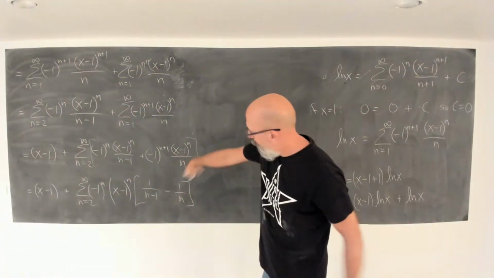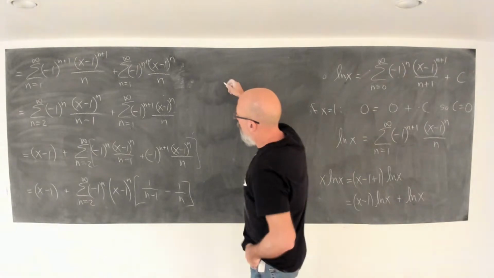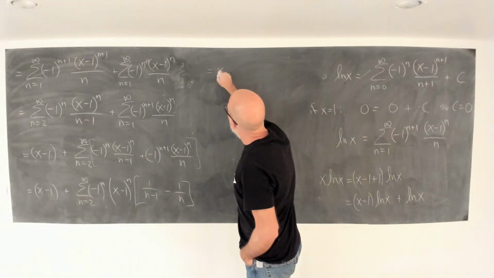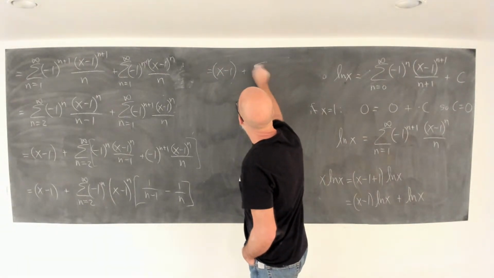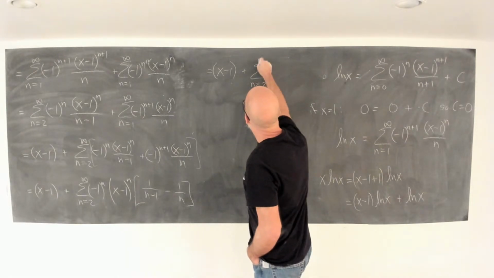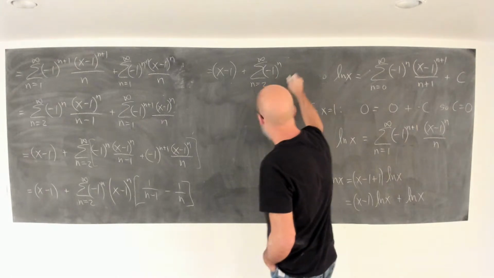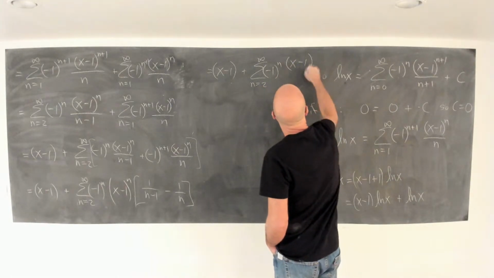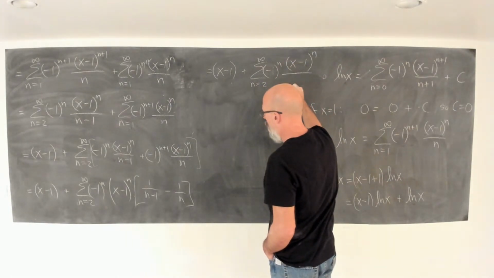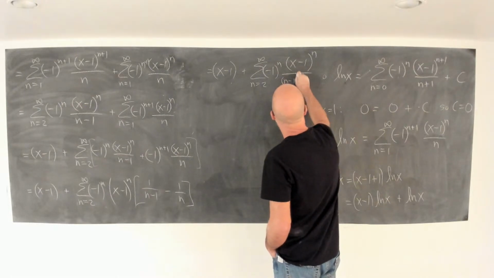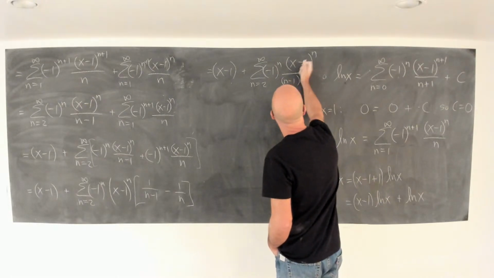Blah, blah, blah, you know what to do there. And we get negative 1 to the n, x minus 1 to the n over n minus 1 times n.